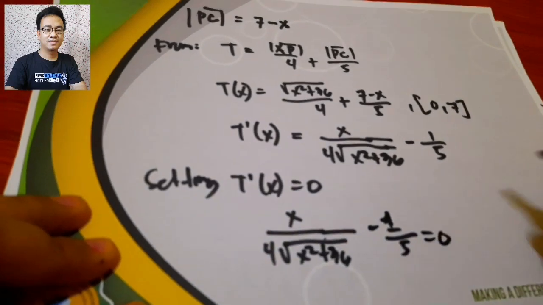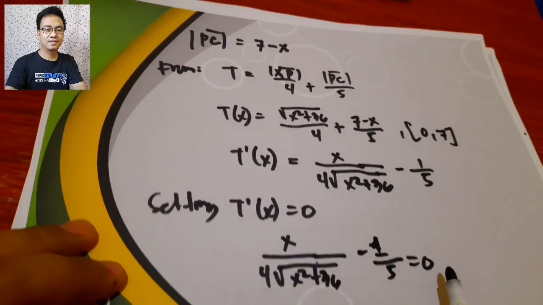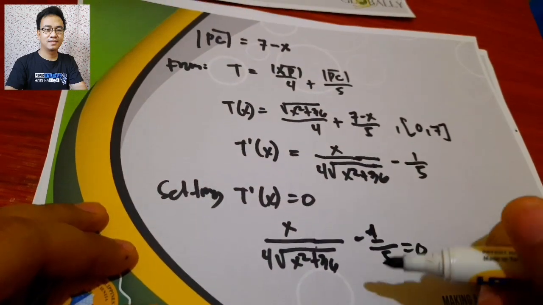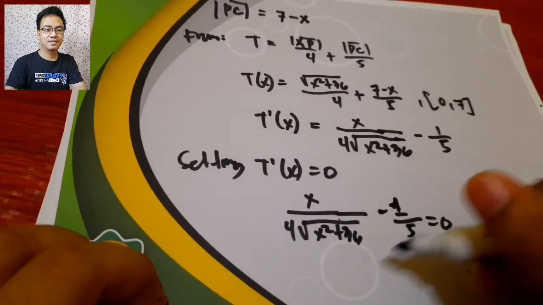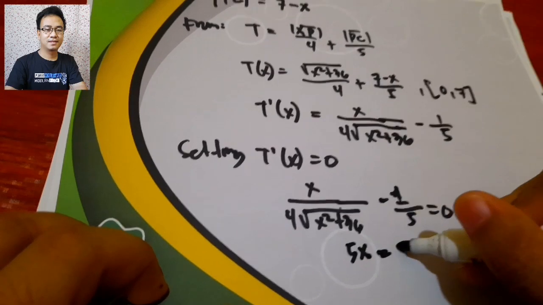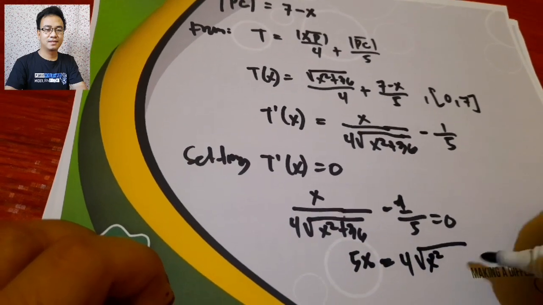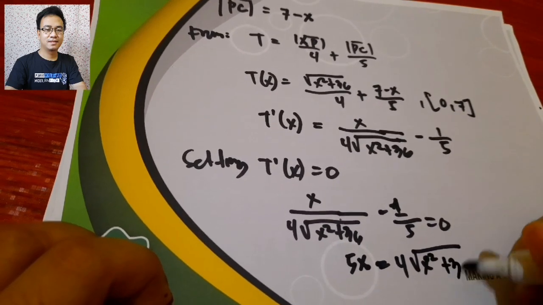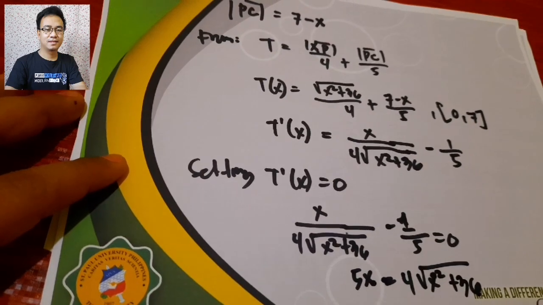over 5 equals 0. 1 over 5, transfer it to the other side, and doing some calculation will leave us 5x equals 4 times square root of x squared plus 36.